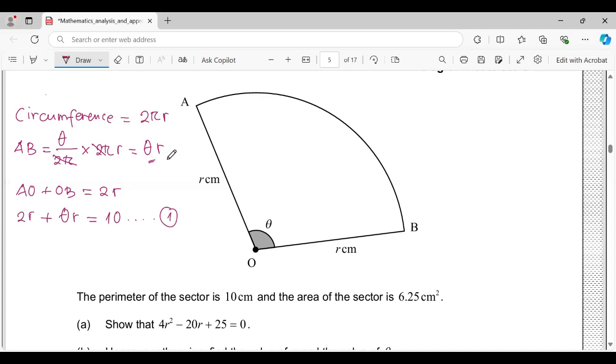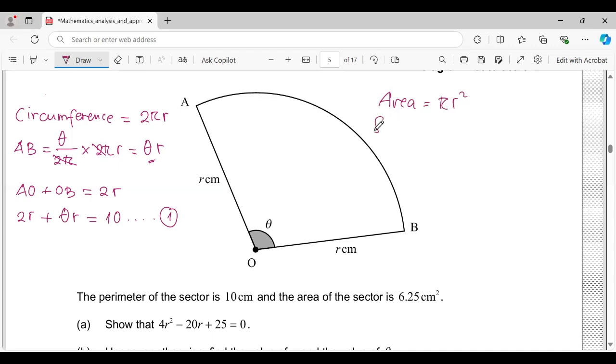That's based on circumference. Now, based on area. The circle area formula is pi r squared.